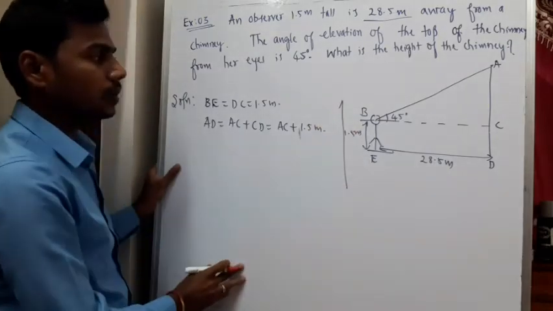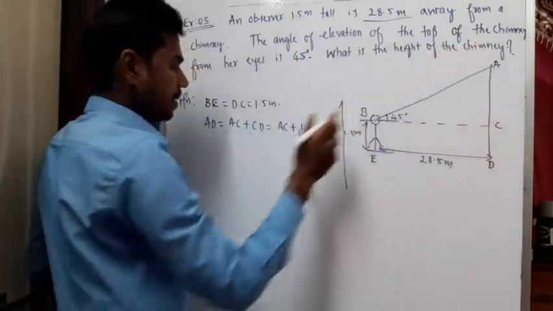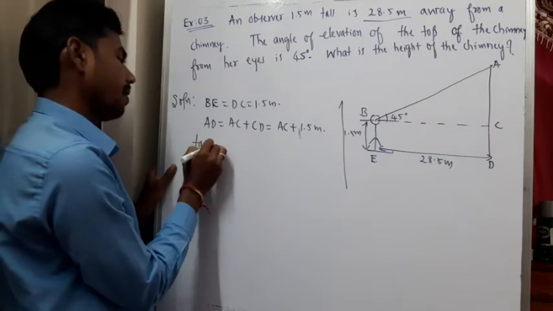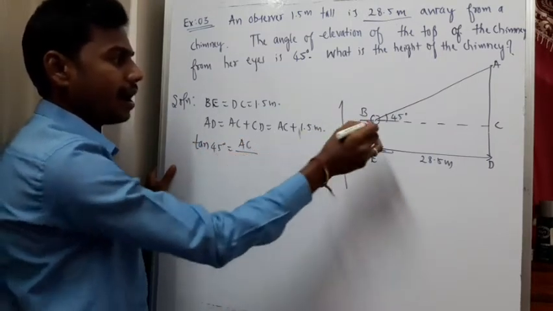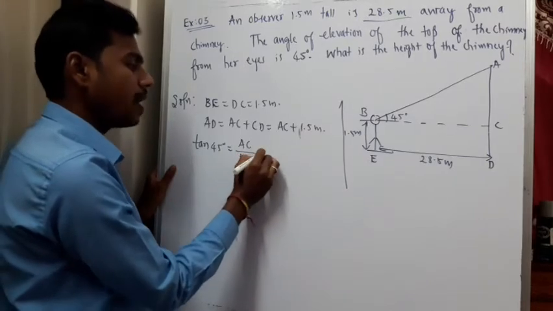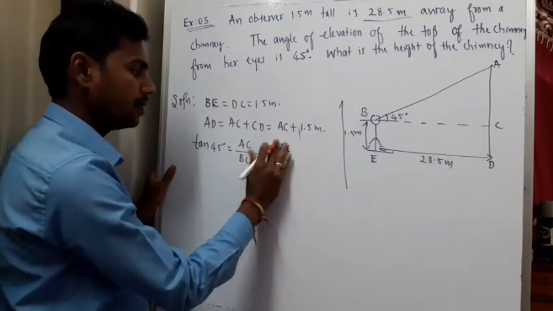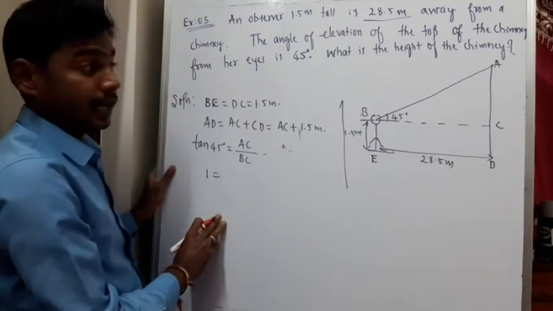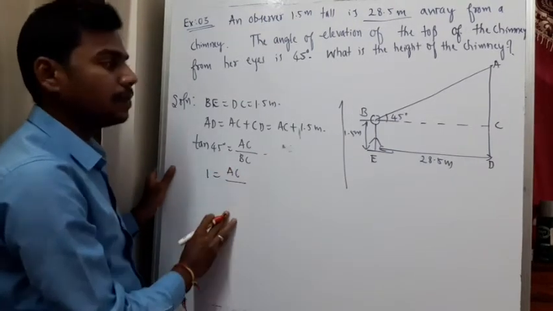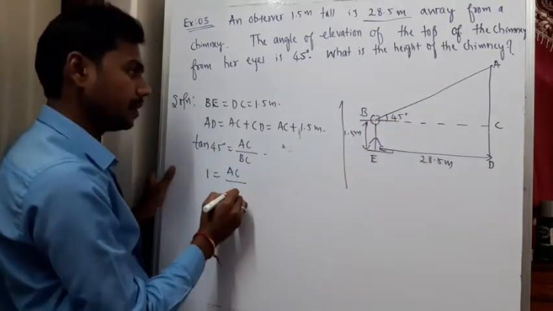Now, we'll calculate this height first. Tan 45 is equal to opposite by adjacent, that is AC by BC. Tan 45 is nothing but 1. AC we need to calculate. What is BC? 28.5 meter.